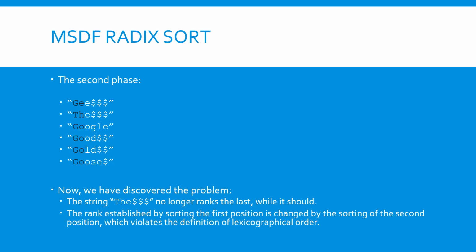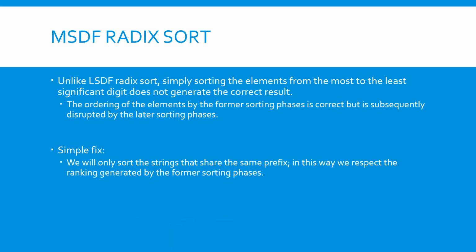Now you can see the problem. The string THE, which should be ranked the last, has been ranked second. Recall that to define lexicographical ordering, we should indeed consider the most significant positions first. However, if we do not record the resulting rankings and let the subsequent sorting phases disrupt the rankings, we will not be getting the correct results.